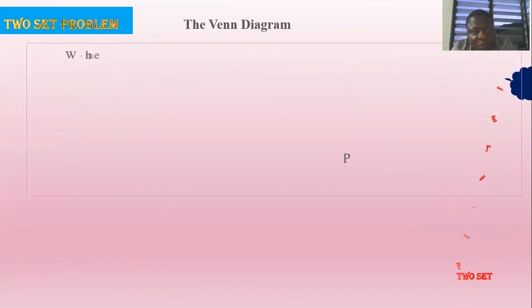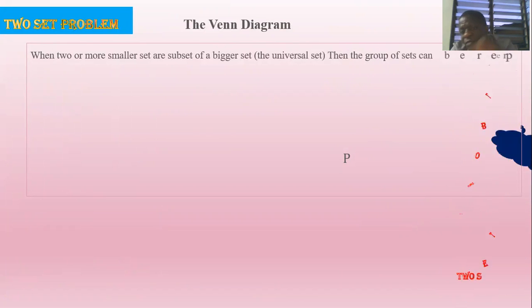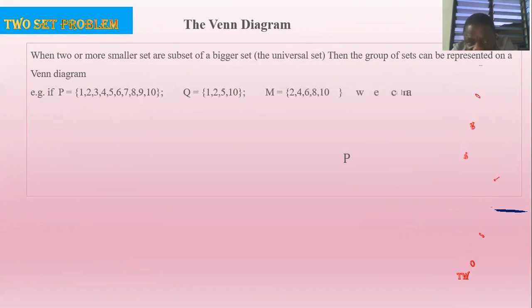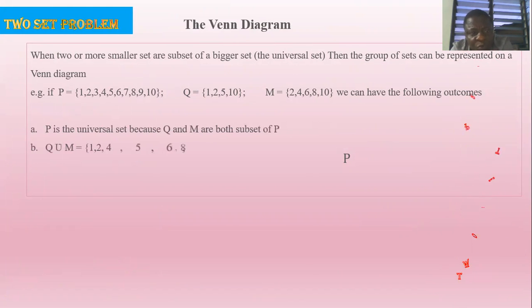Let's review the cardinality, the elements representation that we did last week. Last week, we said that if P is a universal set, then instead of writing U on the rectangle, P will be on the rectangle.